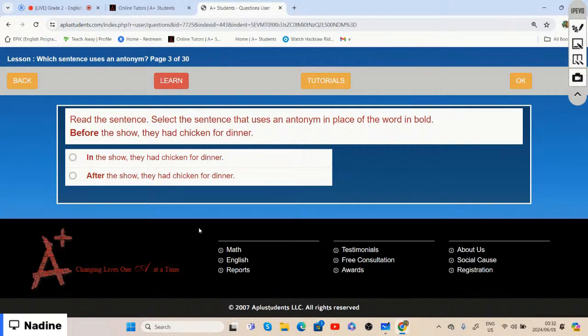All right, so before, the opposite of before, is it in or is it option two, after?